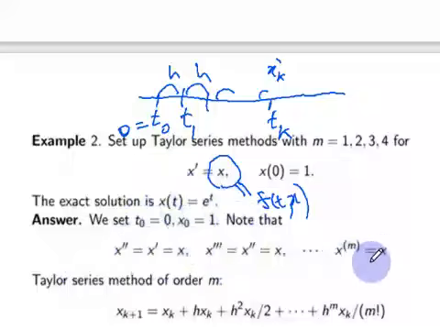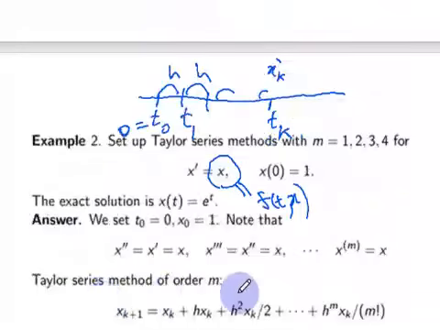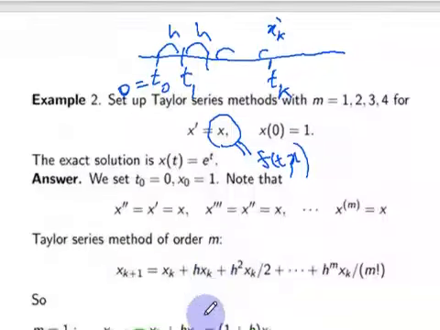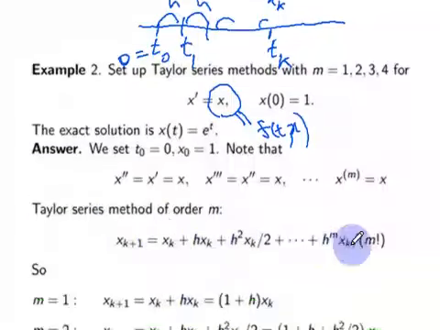Then you can set up the mth order Taylor expansion. That means you consider only m plus 1 terms of your Taylor polynomial: first term, second term, third term, and mth term.